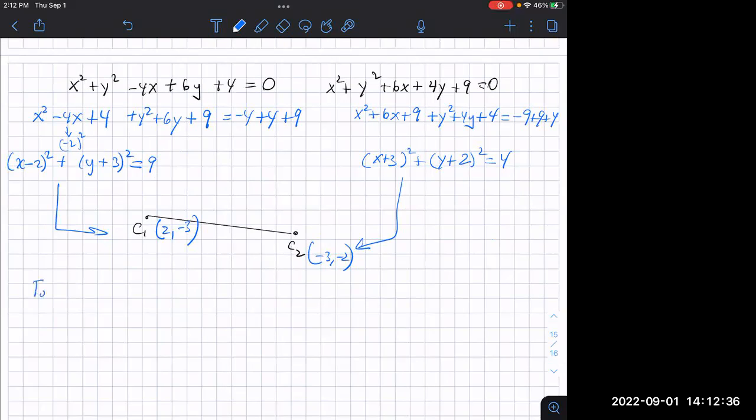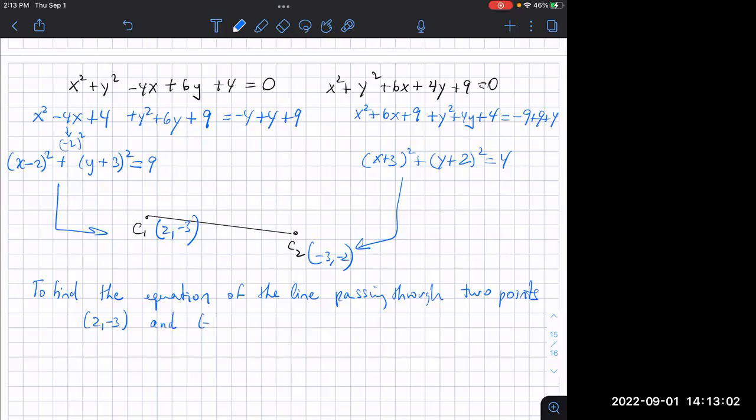So to find the equation, and we're going to go over this again in chapter 3, to find the equation of the line passing through 2 points, which in this case are (2, -3) and (-3, -2).